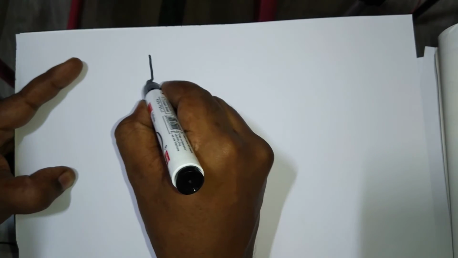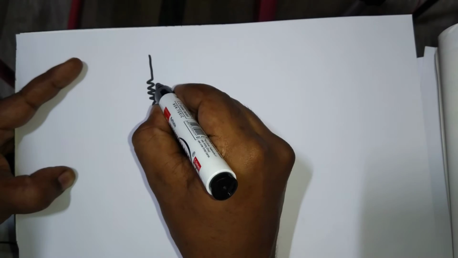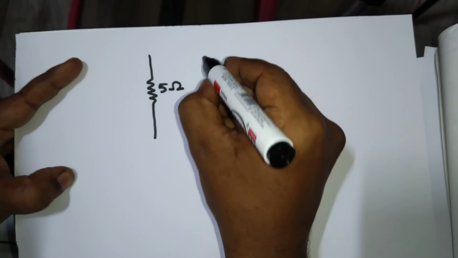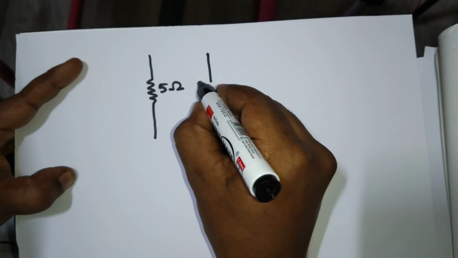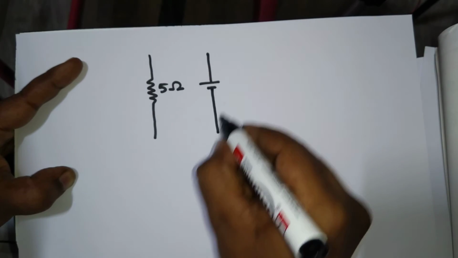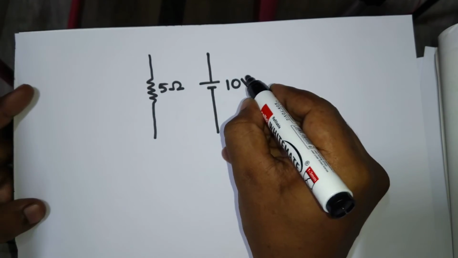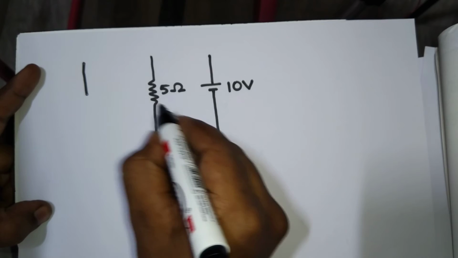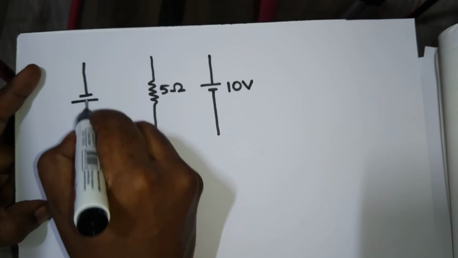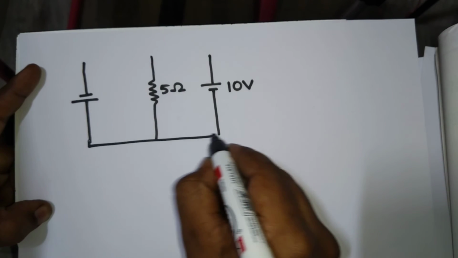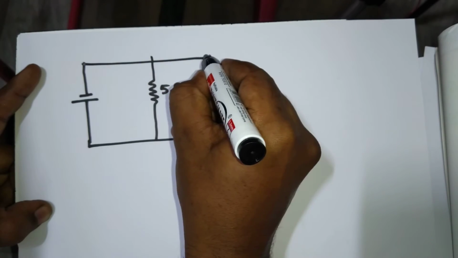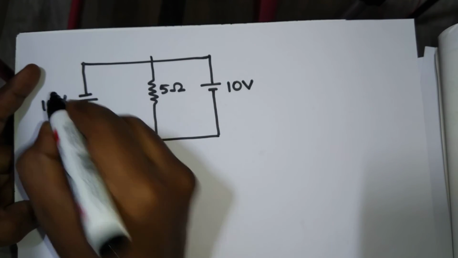Say you have 5 ohms. On one end of this you have say 10 volt. On the other end you again have 10 volt.